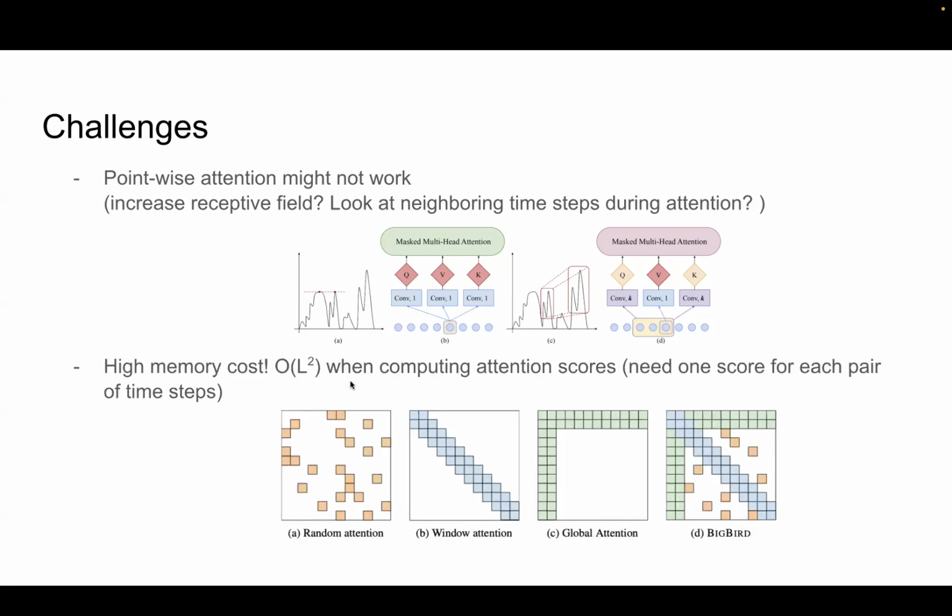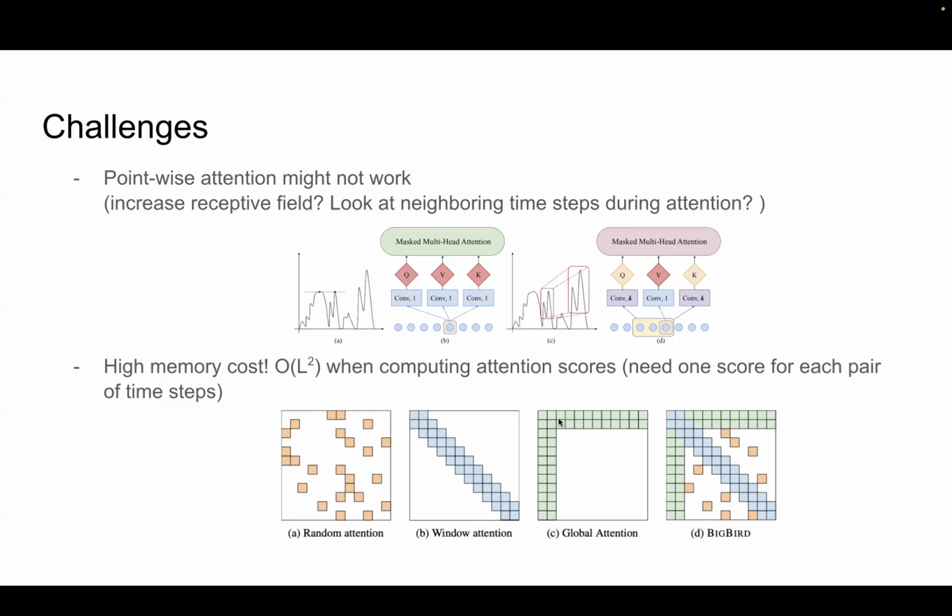And the second issue is that if we just directly apply the attention mechanism, then we have a very high memory cost. Because when we calculate attention, the memory cost will be L squared, where L is the size of our time series window.